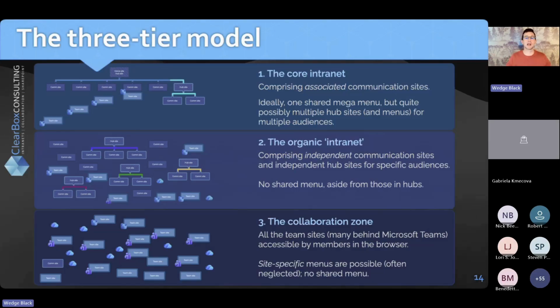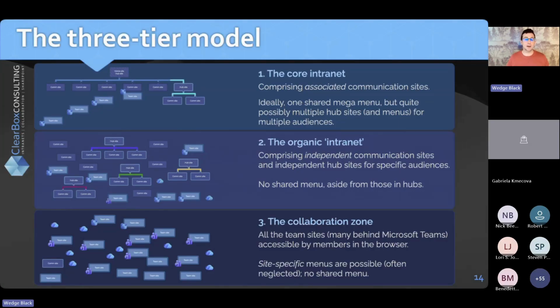Starting at the top, we're talking about the all-employee experience, and it's well-governed, well-managed, well-maintained, and while it will always grow and develop because no intranet is launched and finished, it will be managed. There's strong governance to ensure that when we're creating content and expanding the core intranet, it's always in line with our strategy.